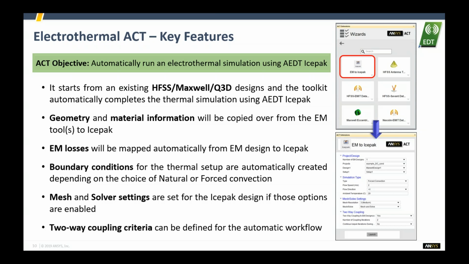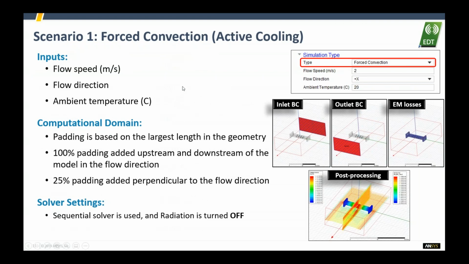Boundary conditions for the thermal setup are automatically created depending on the choice of natural or forced convection. Mesh and the solver settings are set for the iSpec design if those options are enabled. The two-way coupling criteria can be defined for automatic workflow. So those are some key features.